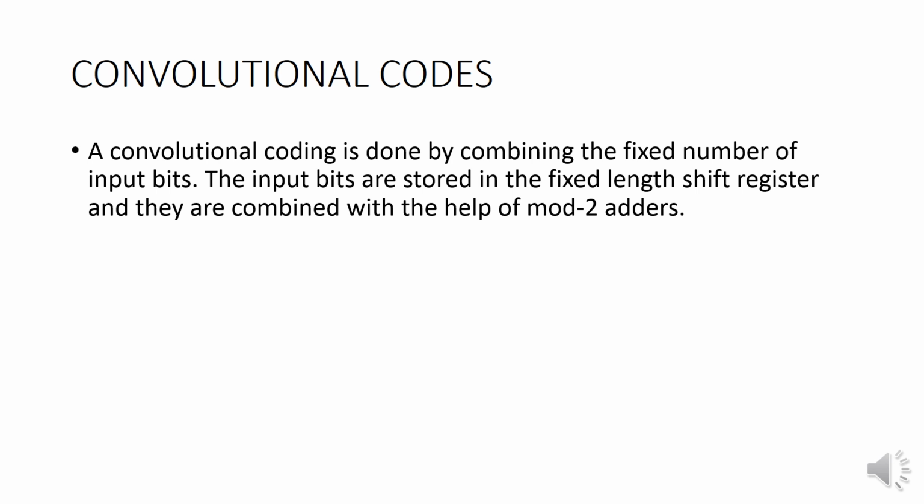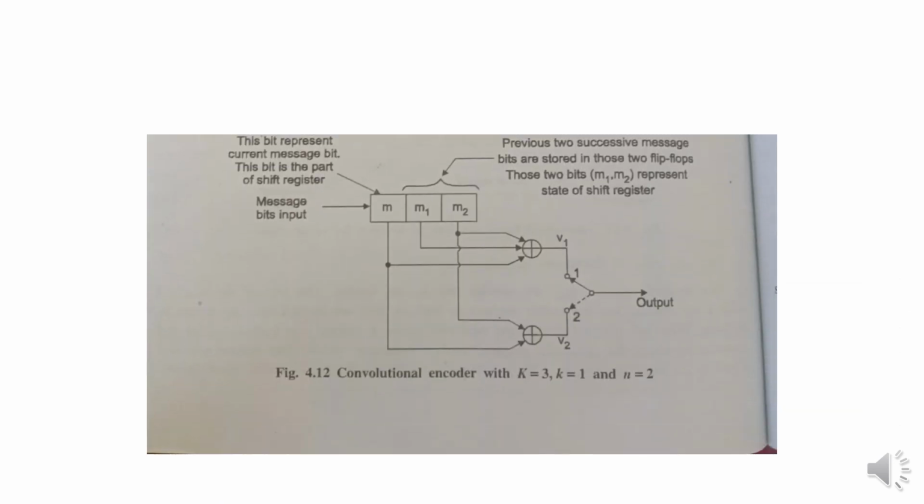This is the diagram for the convolutional encoder. Above, we have the message bits as the input M, M1 and M2. M represents the current message bit. M1 and M2 are part of the shift register, where the previous two successive message bits are stored in those two flip-flops.